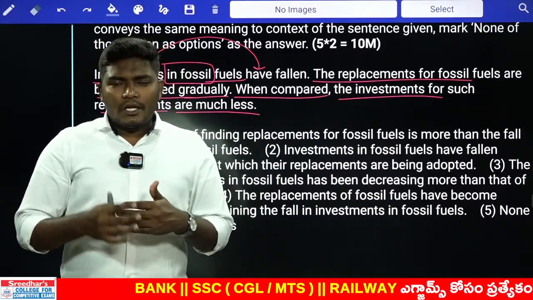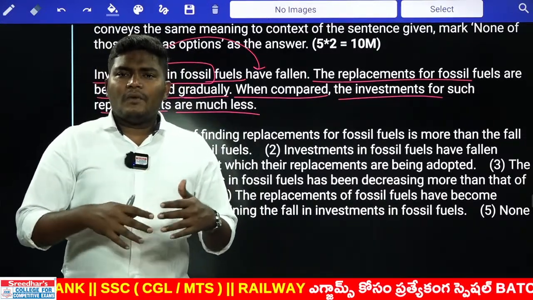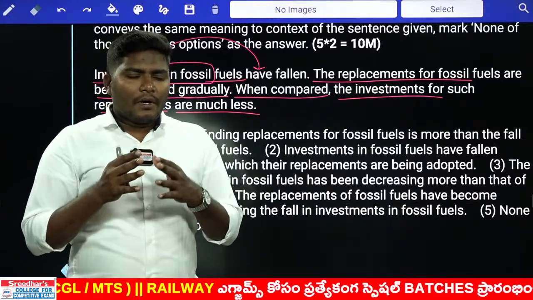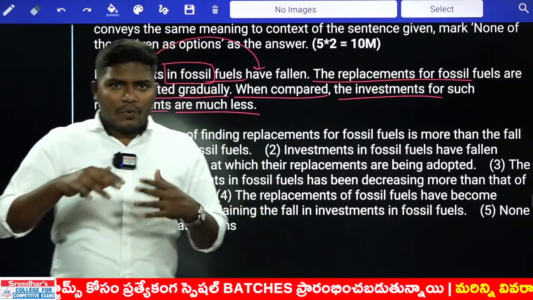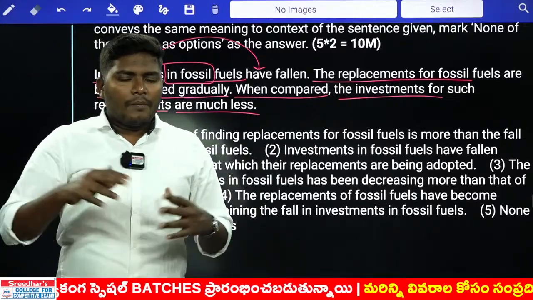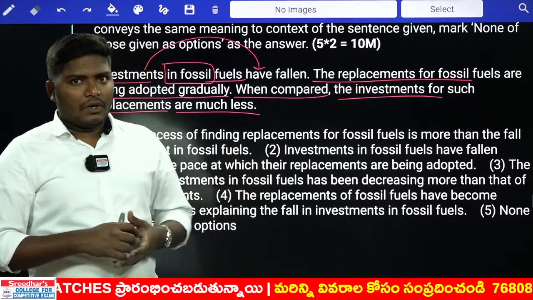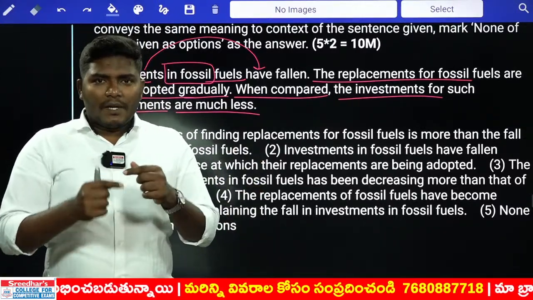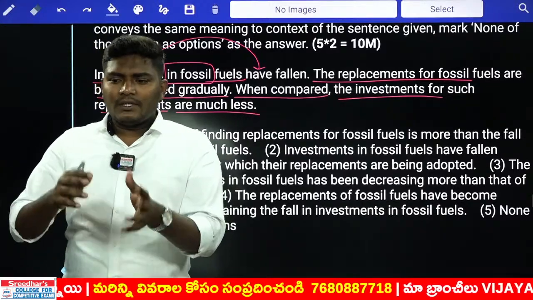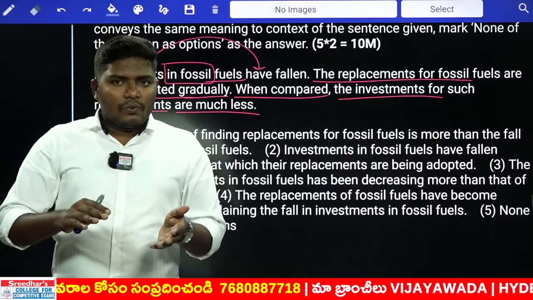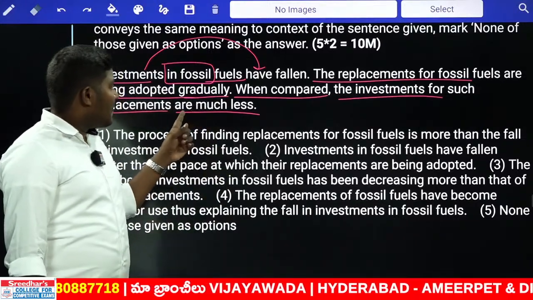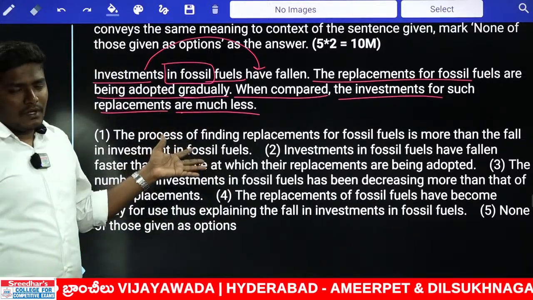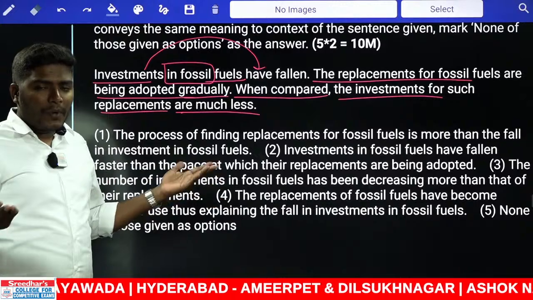Now I want to change the area where I am investing. So when things are compared, like many people like me, when they are compared with the combination of different investments, there needs to be some replacement. If I am not investing in fossil fuels, I want to invest somewhere. So the place where I want to invest, the alternative which is there, is much less in comparison. That means people are not finding a proper alternative.